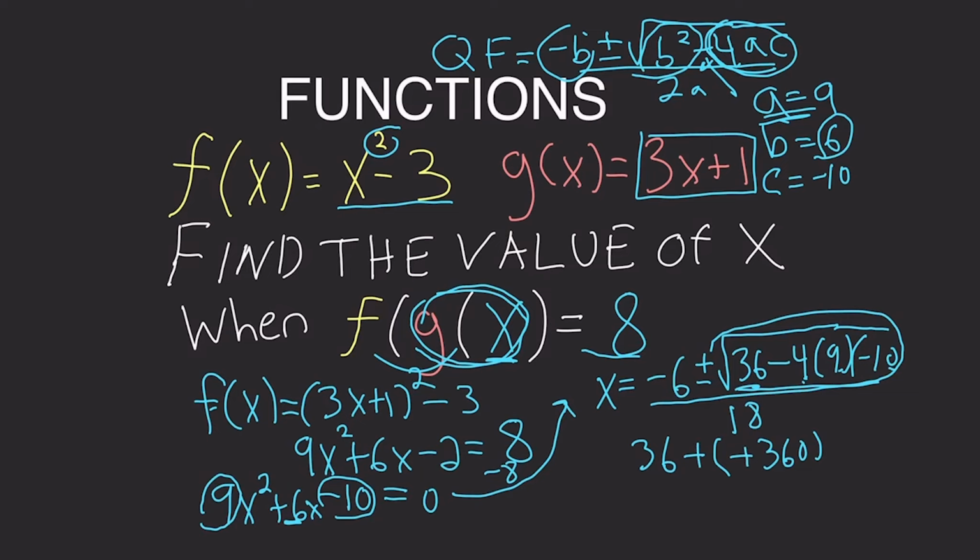That is going to come out to be 396. That's what's underneath that root. They may simplify this, whatever, that's another lesson, but we have a negative 6 plus or minus the square root of 396, and that's all over the 18.